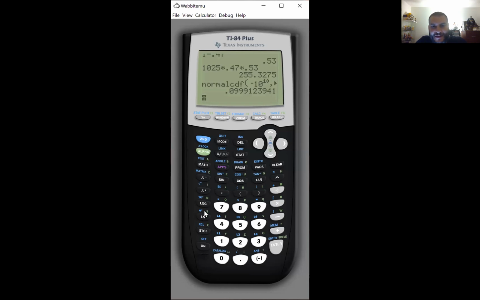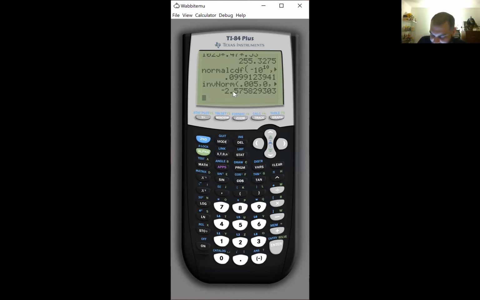So let's do second, then the bars. Let's do inverse norm. I'm going to say 0.005. Enter, enter, enter. We'll say paste. For this one, we're going to get 3 decimal places.